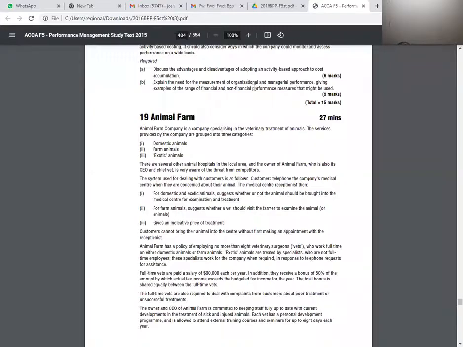So explain the need for the measurement of organizational and managerial performance.